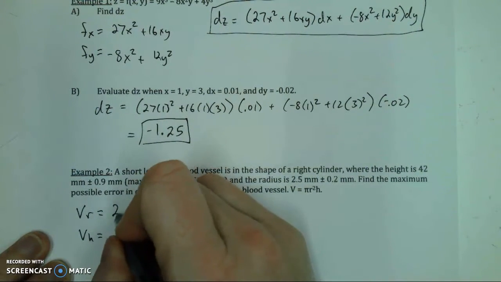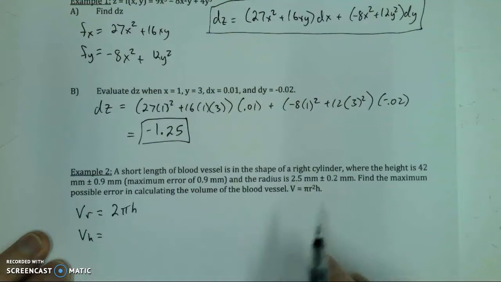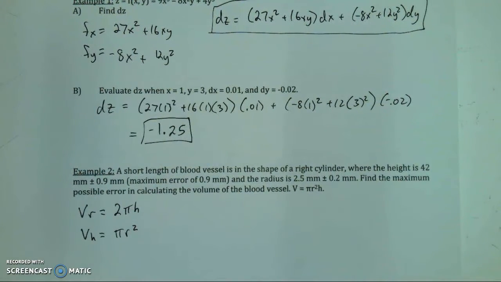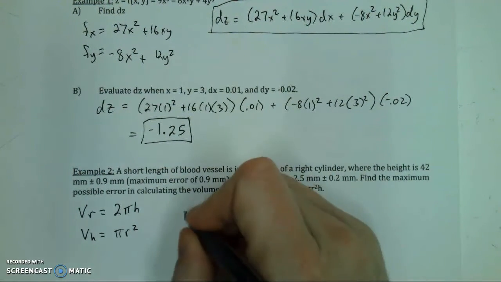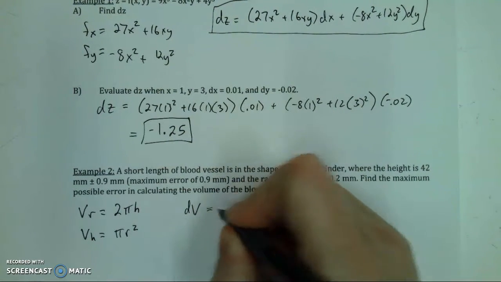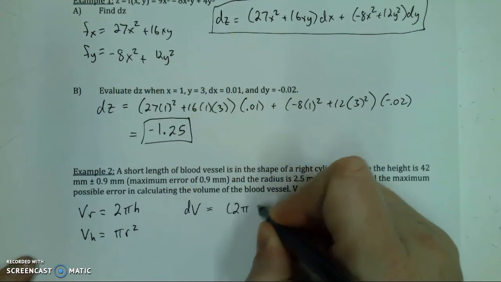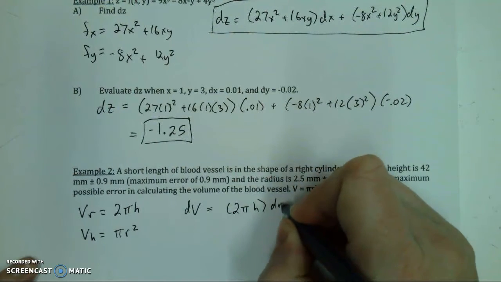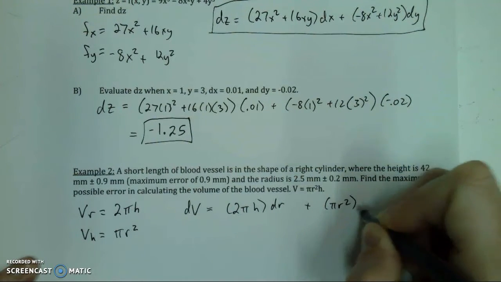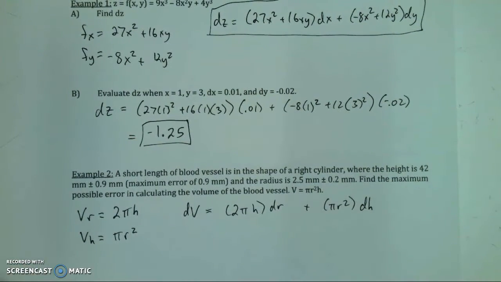Here I will get 2 pi r h, and then at h, that will give me pi r squared. So then my total differential, which I'm just going to call dV, is going to be 2 pi r h times dr plus pi r squared times dh.